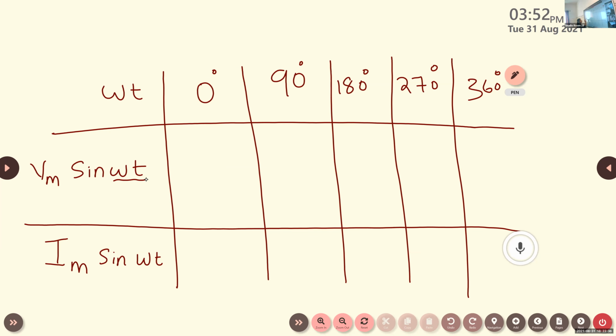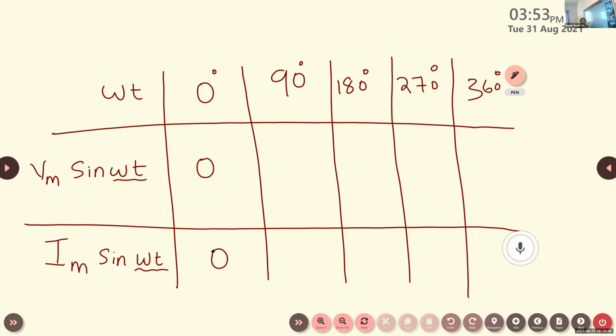So we can write Vm sine 0 is equal to 0. Similarly, Im sine omega t. The first phase angle is 0 degree, omega t is equal to 0. Then what will be the value of Im sine 0? Sine 0 is equal to 0. So Im sine 0 is equal to 0. Here also we get 0.